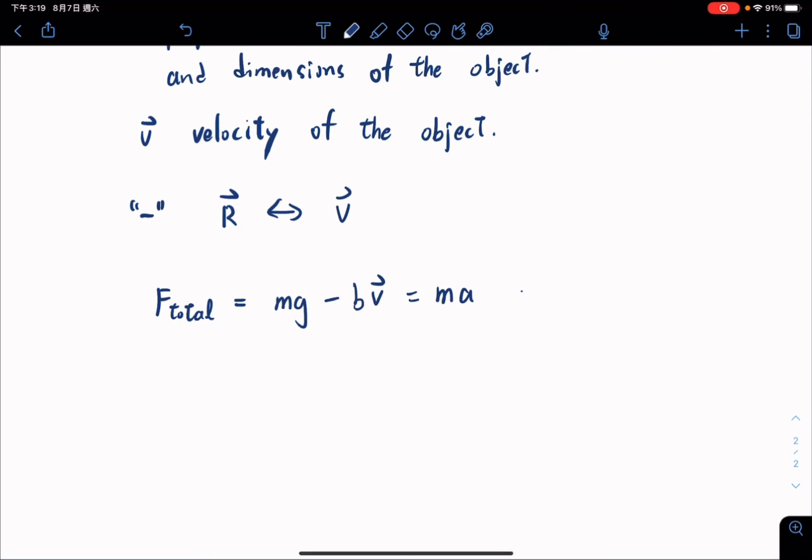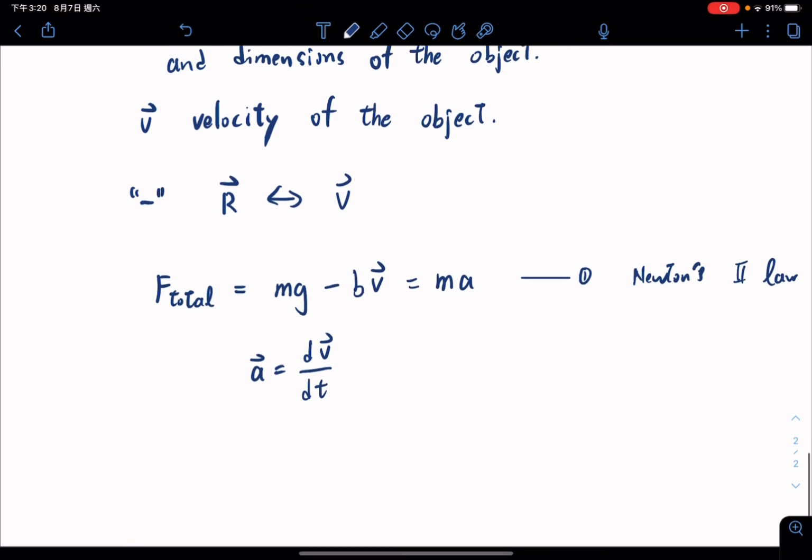This is the first equation, Newton's second law. And we know that a is equal to dv over dt, the rate of change of the velocity.